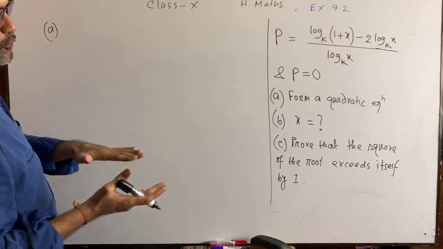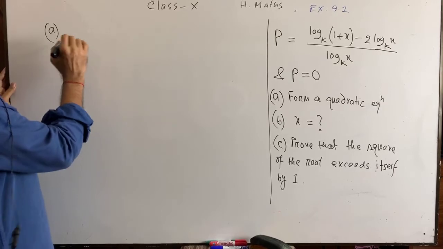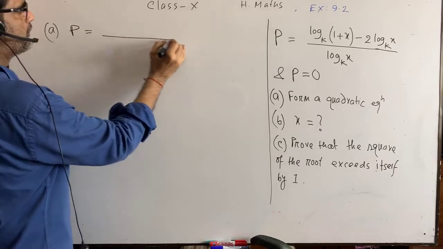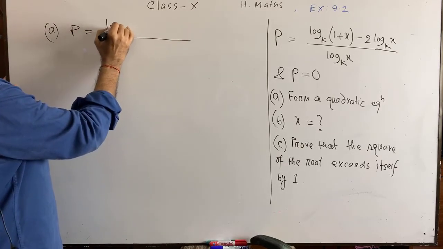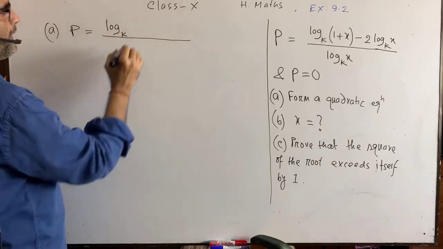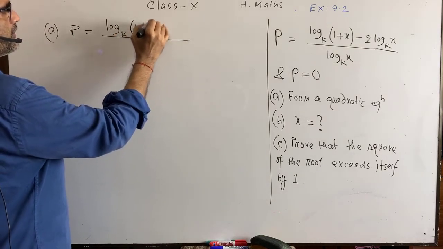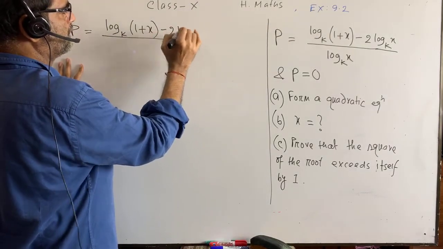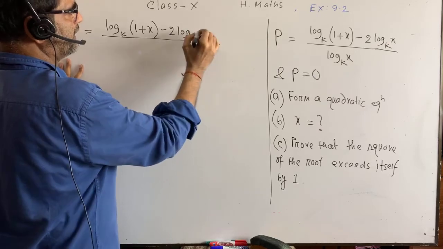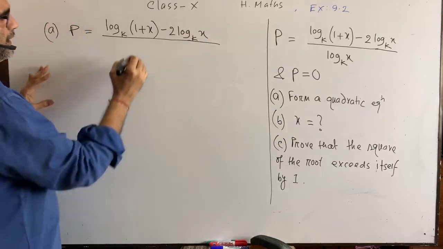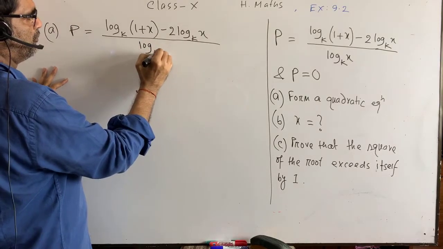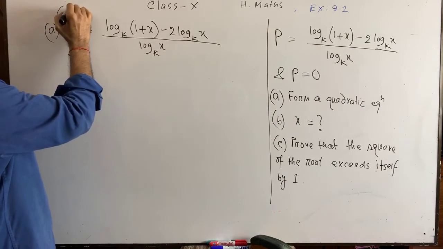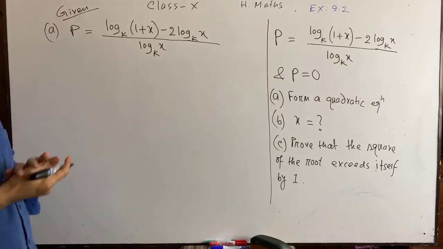So from these two we can write down, given P is equal to log base k of (1 plus x) minus 2 log base k of x, by log base k of x. It is given. Are you getting me?